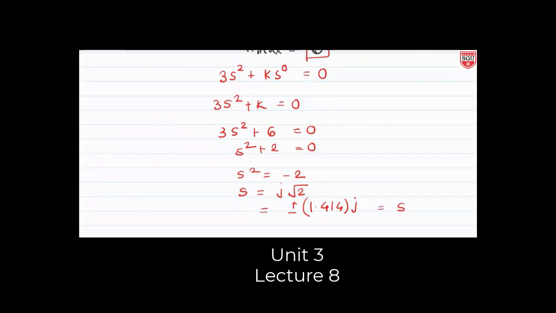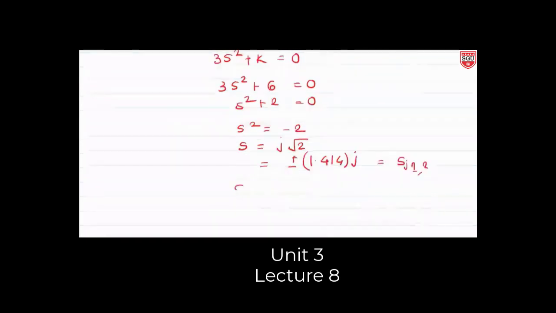Means what? When s is positive 1.414 j, and the other is equal to minus 1.414 j. These are the 2 points of intersection on the imaginary axis.